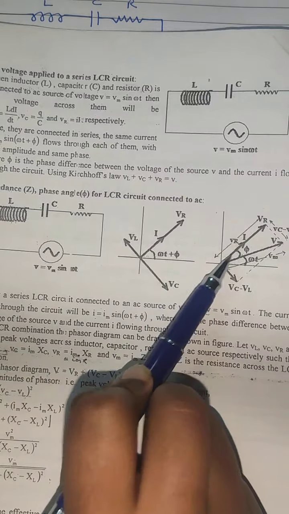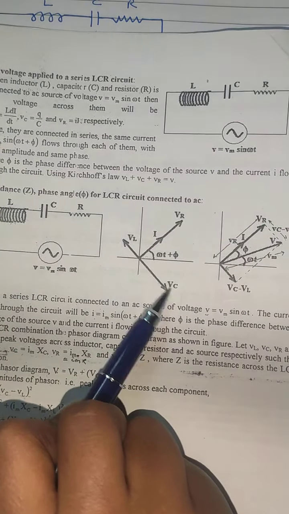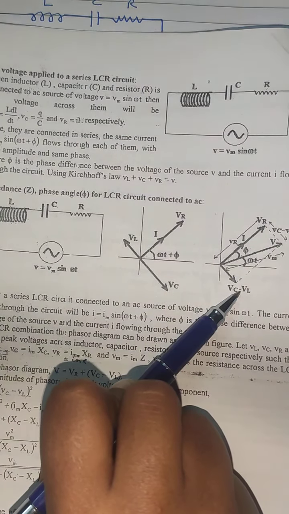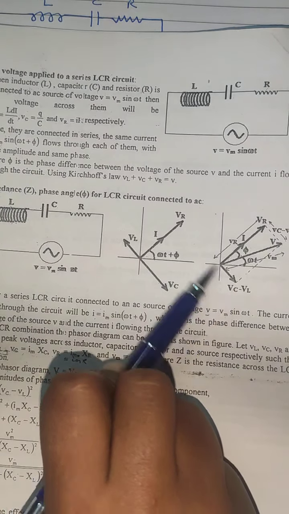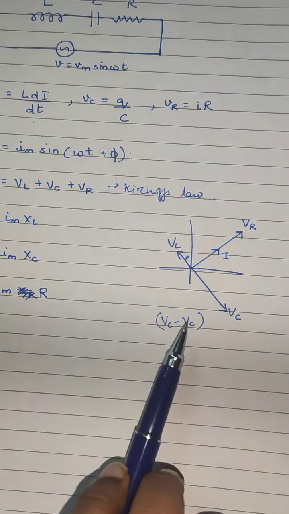When I do that, I get VC minus VL. Since VC is larger, after you subtract, the amplitude will change and it will become this much. So that is what we have done over here.